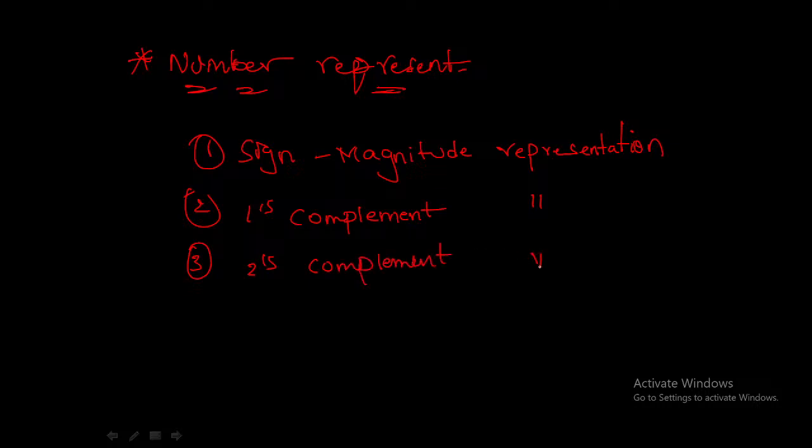So these are the types of representations for representing positive and negative numbers.